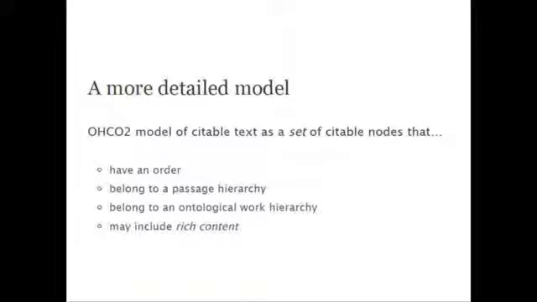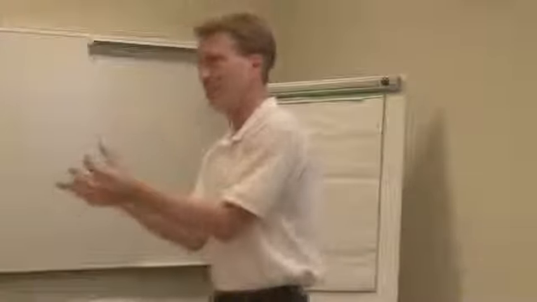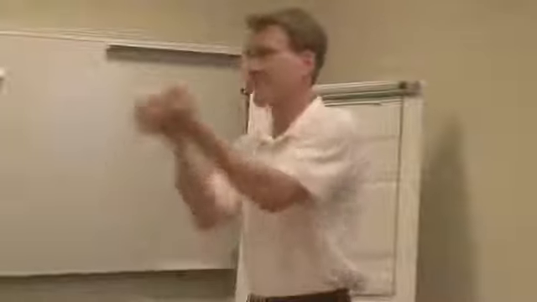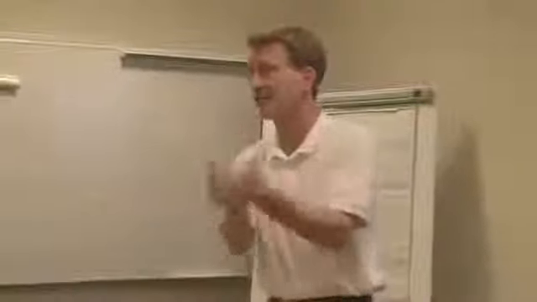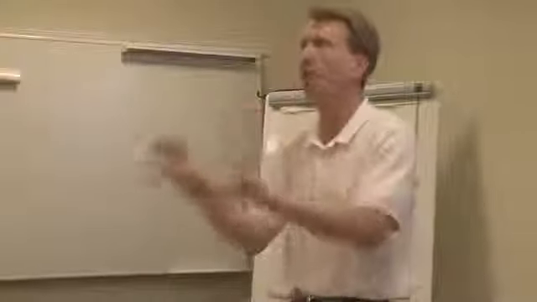And each cited node also belongs to an ontological hierarchy of the works. If I talk about a particular node that I'm citing in a particular passage of text, in a particular version, this manuscript versus another, this print edition versus another version, I also need to be able to specify what version of the text.